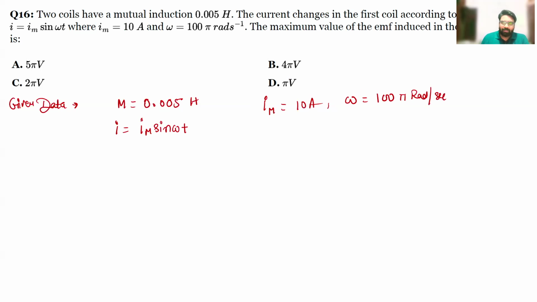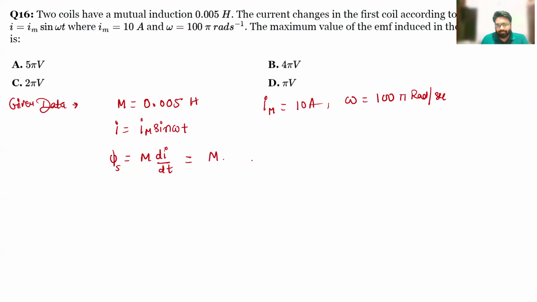Now, we know that the EMF induced in the second coil is M di by dt. Now you just have to differentiate this expression.